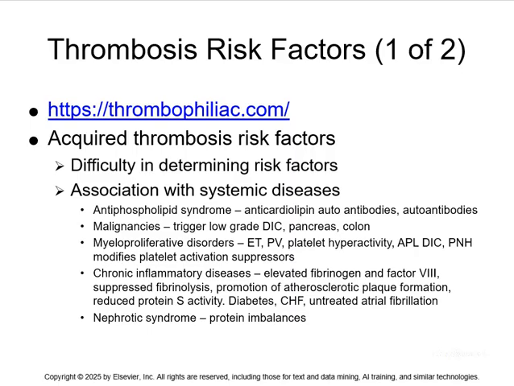So the thrombosis risk factors, you can click on that link. This is actually the thrombophilia website that talks about the acquired thrombosis risk factors that we run into. And it tells everybody what the risk factor does and how it increases your chance for clotting. Now this is also, like we talked about with inflammatory deals, talking about systemic diseases.